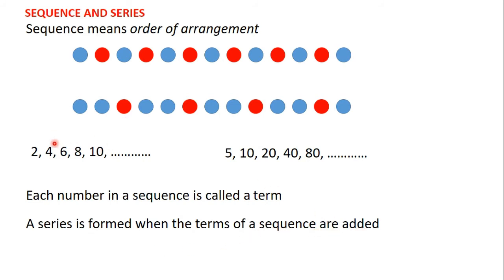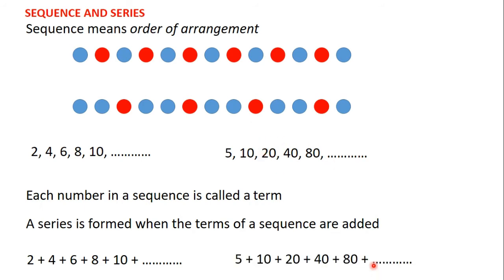So for example, if you consider this first sequence, the series will be 2 plus 4 plus 6 plus 8 plus 10 plus the remaining terms. So when we add the terms in a sequence, we will get a series. In the same way, when we add the terms in this sequence, we are going to get a series. So for this sequence, its series will be 5 plus 10 plus 20 plus 40 plus 80. When you add the terms in a sequence, you will get a series.